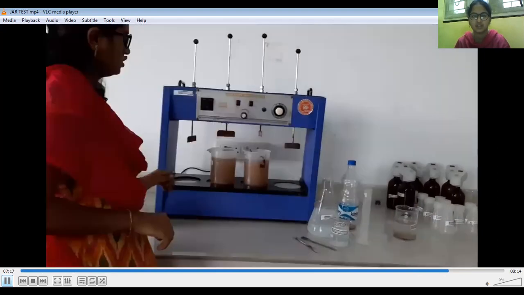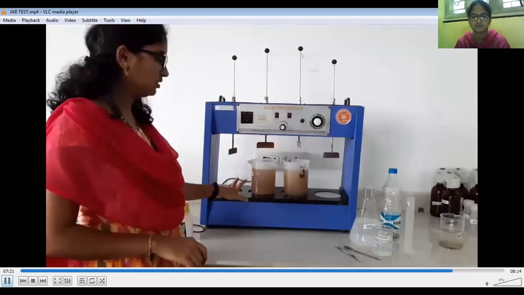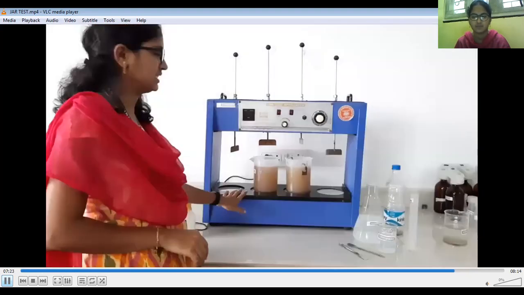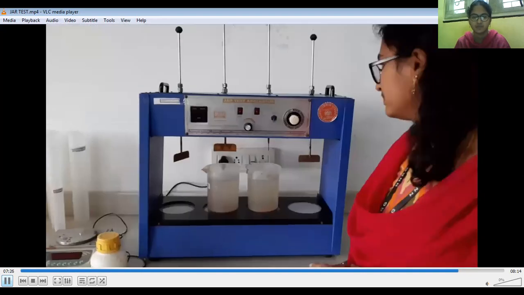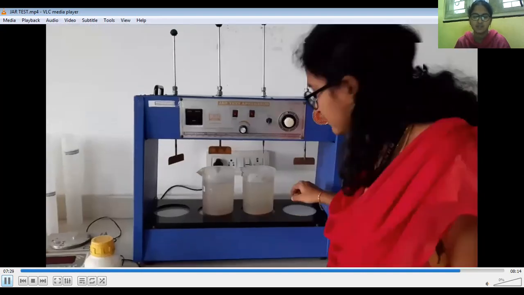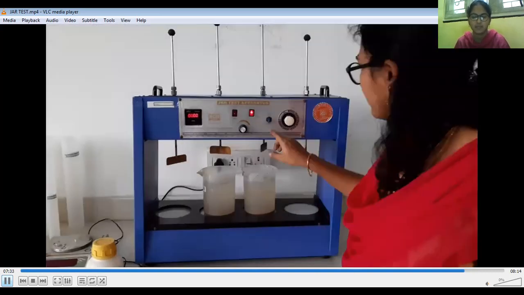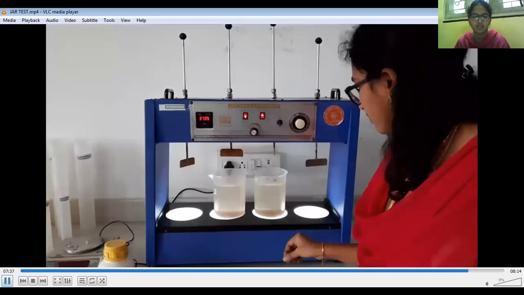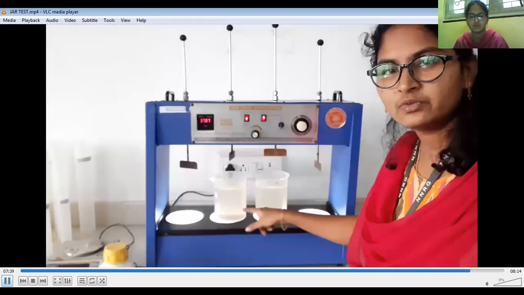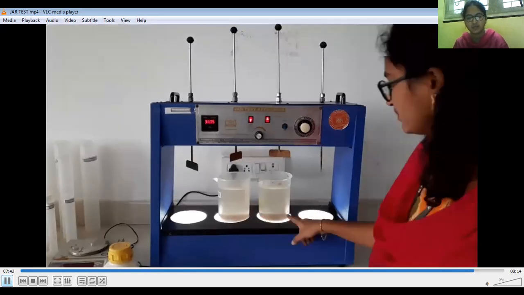After a few minutes, we can observe that the maximum turbidity removal with the minimum dose is seen in beaker number 2.